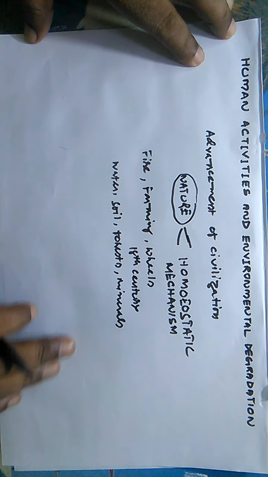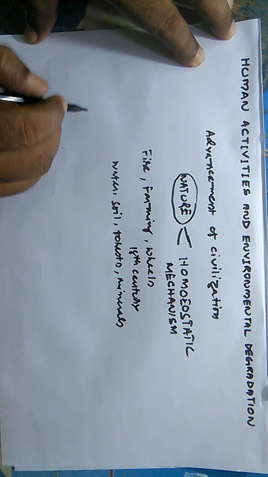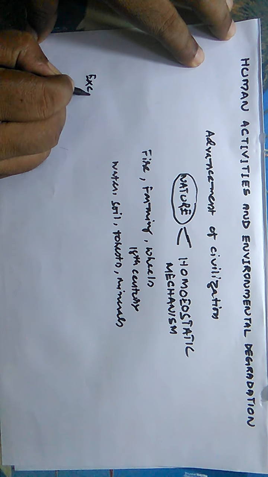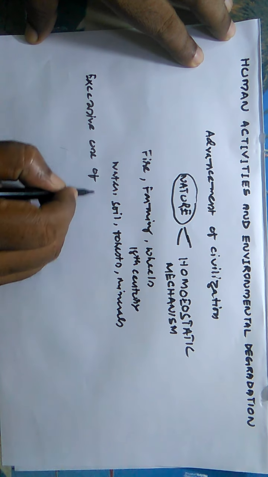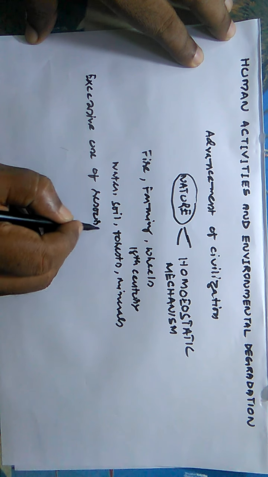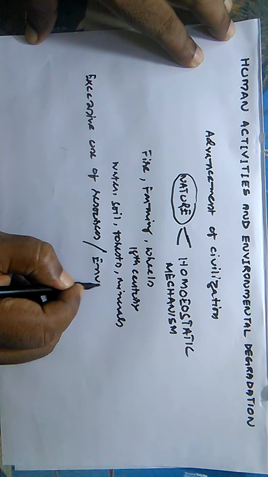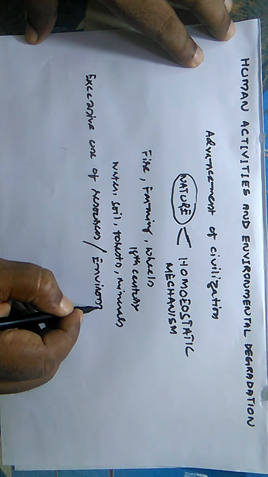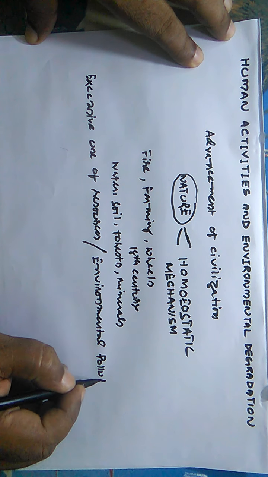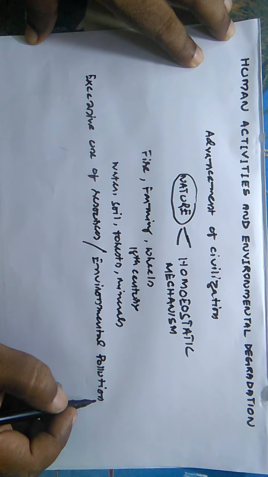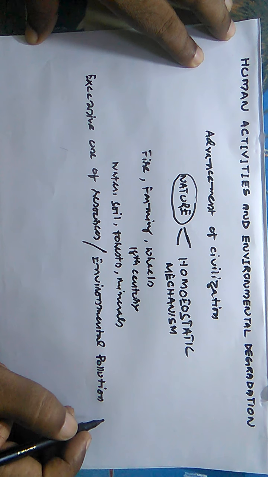The development of civilization has resulted in the excessive use of resources. It has resulted in environmental pollution, which includes land, water, and air pollution.